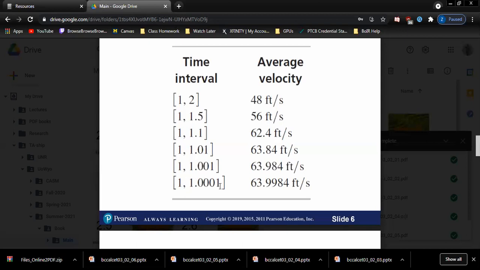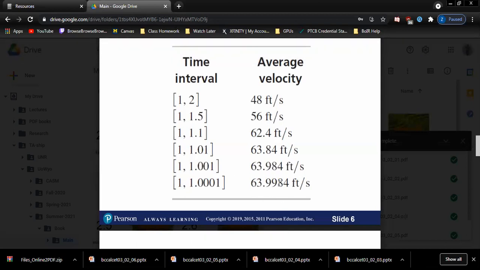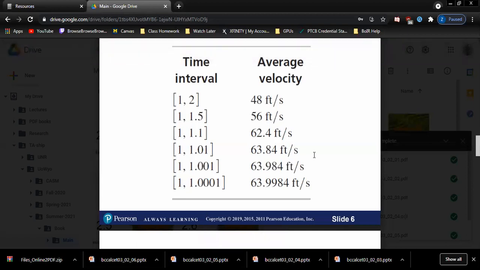So we'll have a value here which is really close to 1. This value you will see will be really close to 64. It will never reach 64, but it will be really close to 64. That's why we say the limiting value, when t tends to a particular value, this will be our corresponding limiting value.